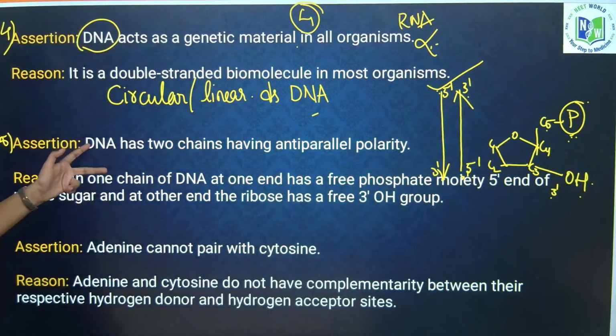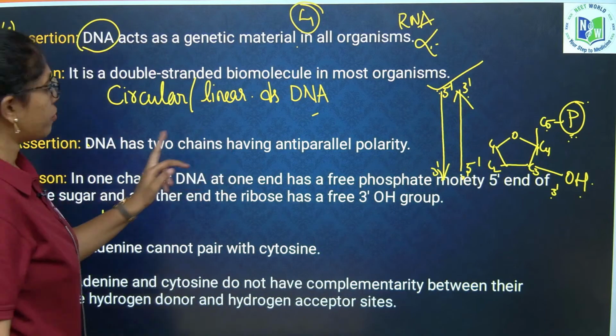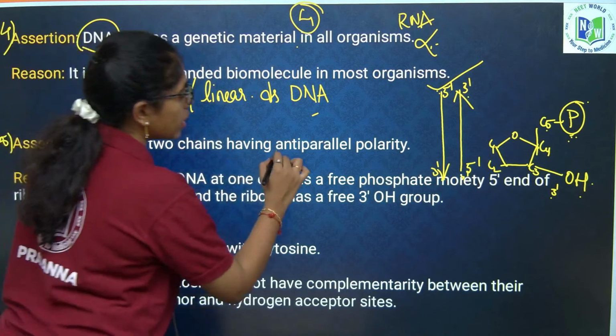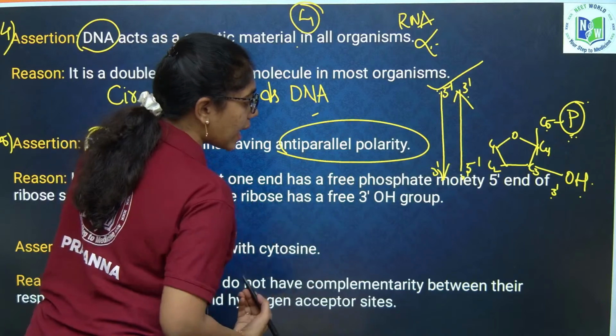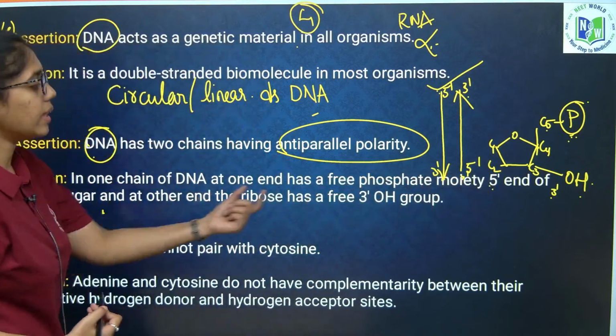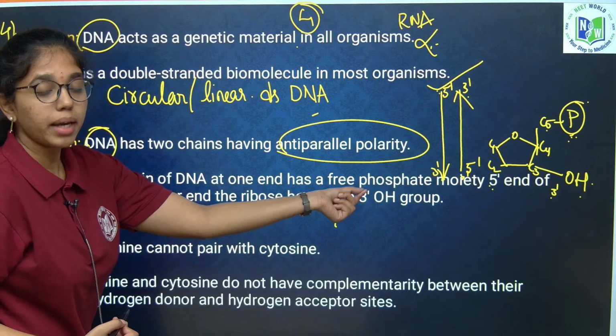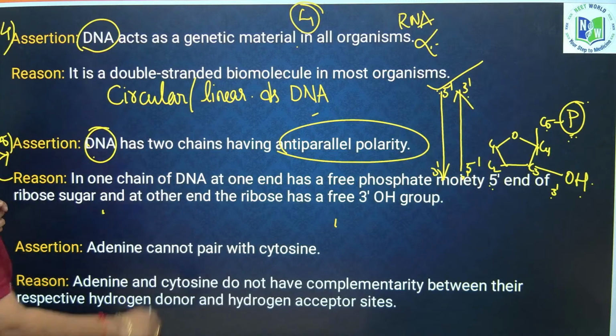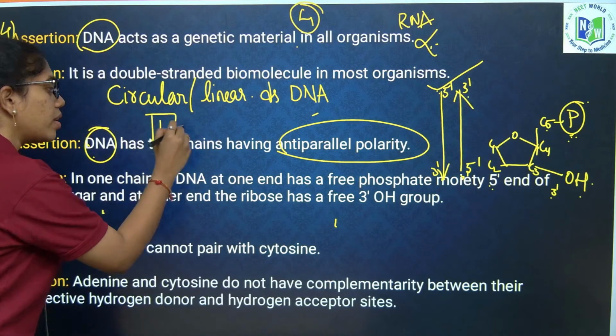So yes, the 2 statements are correct. The first statement in the assertion says DNA strands are anti-parallel to each other. Why is it anti-parallel? At one end the 5 prime phosphate is there, and at the other, a free 3 prime OH group is present. Here the reason is explaining the assertion, so of course it is option 1.